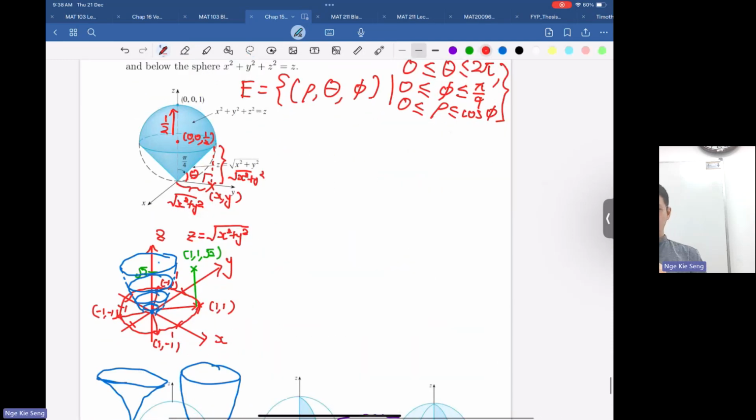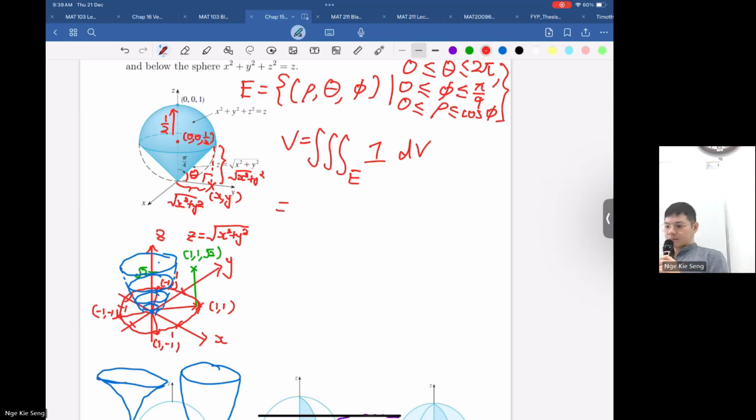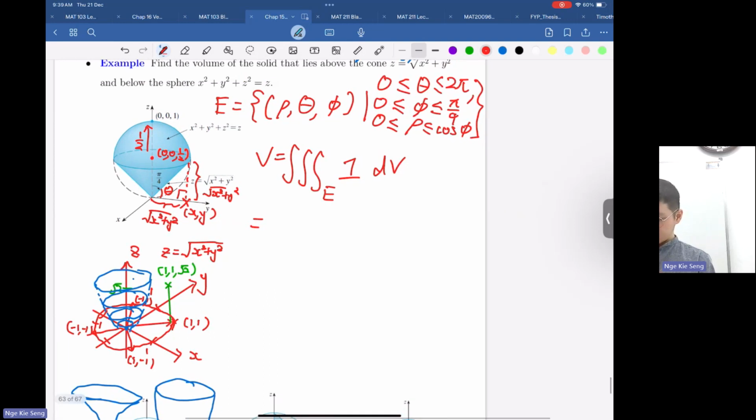The triple integral we consider here is integrating 1 dV. Since rho depends on phi, we want to put it all the way inside, so d rho first, then d phi, and then d theta. Rho goes from 0 to cos phi, phi goes from 0 to pi over 4, and theta goes from 0 to 2 pi.